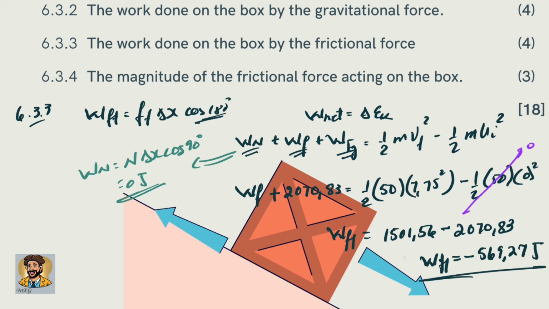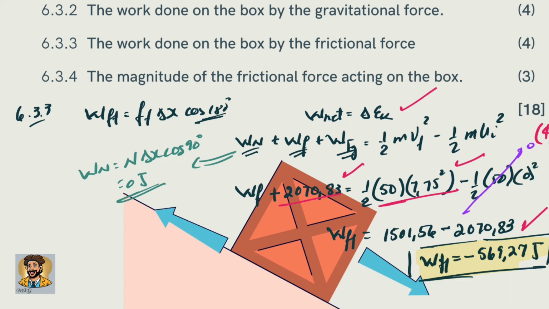That is the work done by frictional force. That is the final answer for this question. If we give marks here, you have 1 mark for starting with the work energy theorem, 1 mark for this substitution here, 1 mark for this substitution here, and 1 final mark for the final answer. That is 4 marks, guys.